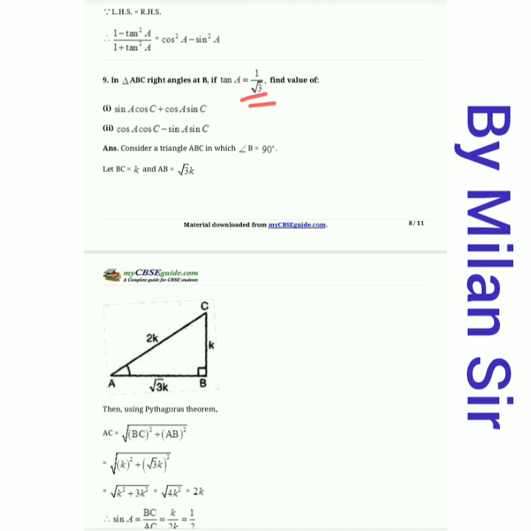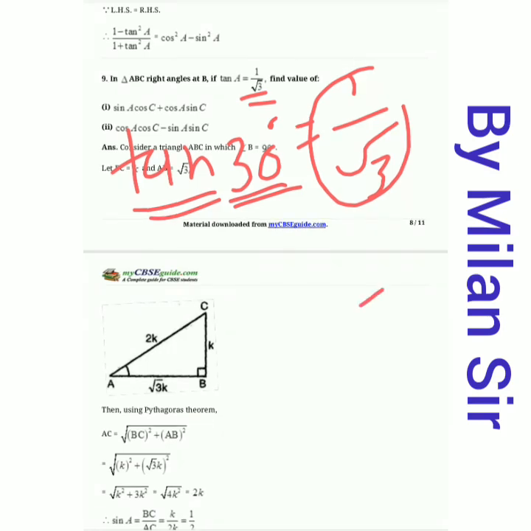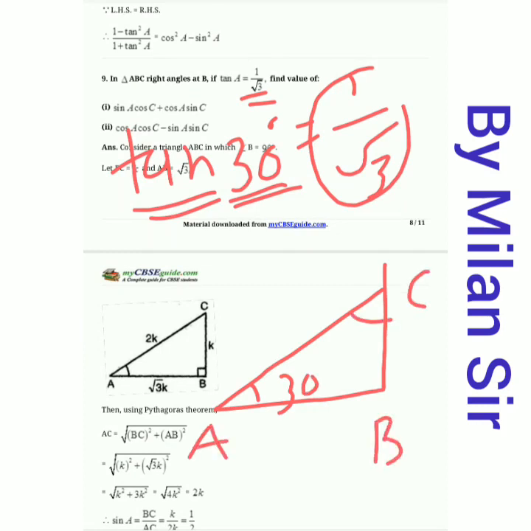In that we got tan 30 is equal to 1 upon root 3. For the 30 degree value, our answer of tan theta is 1 upon root 3. That we learned in our theory part. So we can say that our angle A is equal to 30, so our angle C is equal to 60. So directly we have the values in our table.